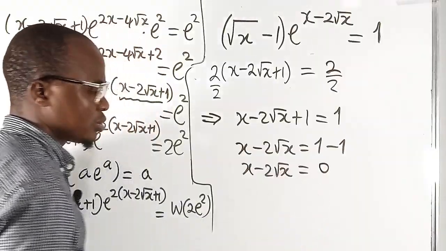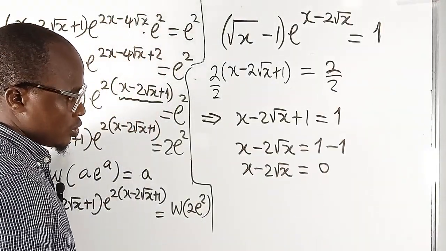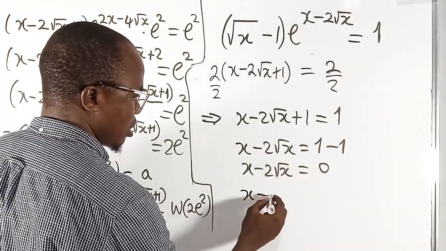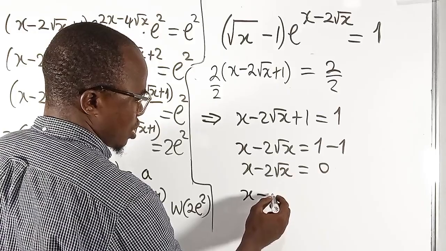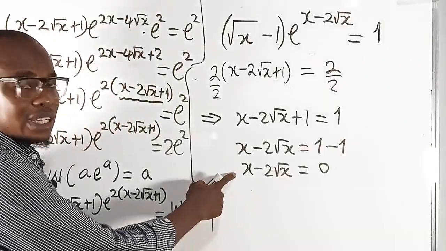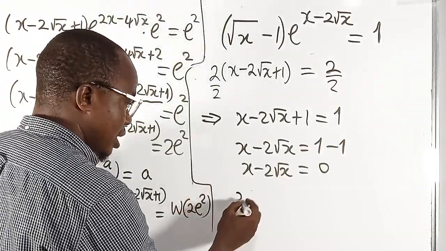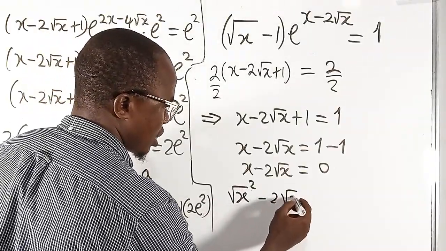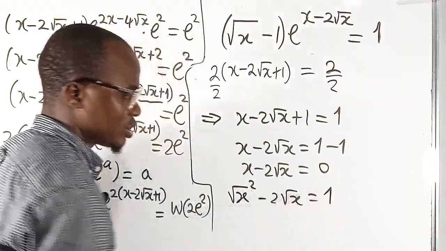This will be 0. Are you getting it now? So from there, we take this to this side, you see this x that we have here, we can rewrite it as root x squared minus 2 root x, then equal to 0.